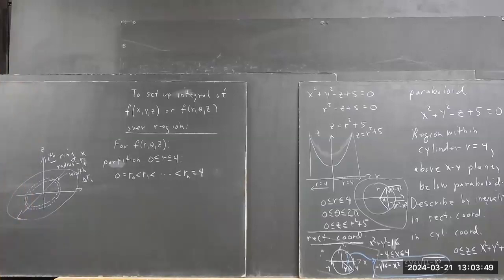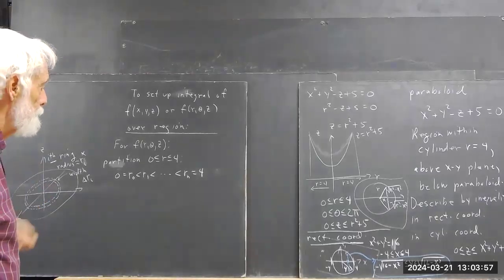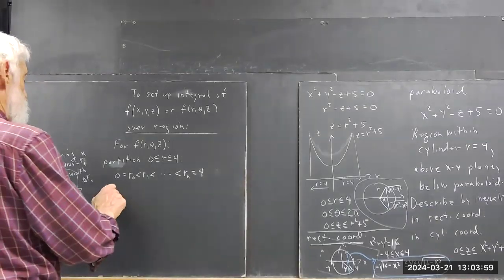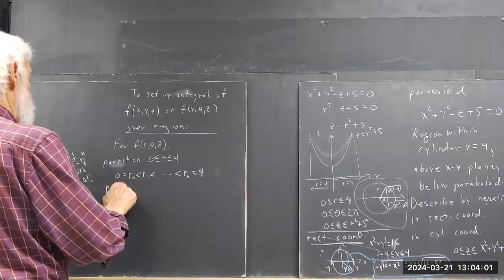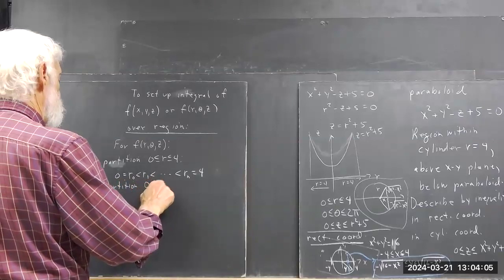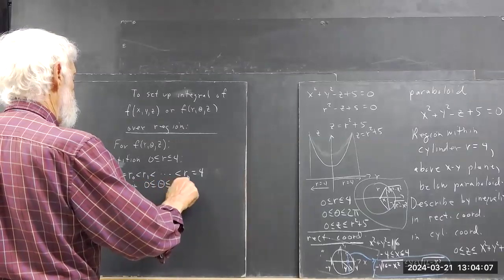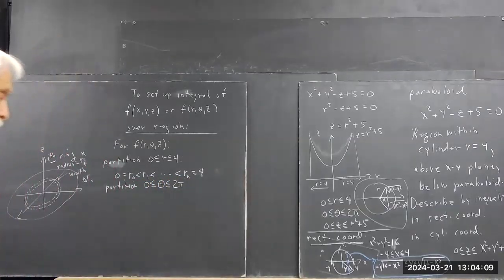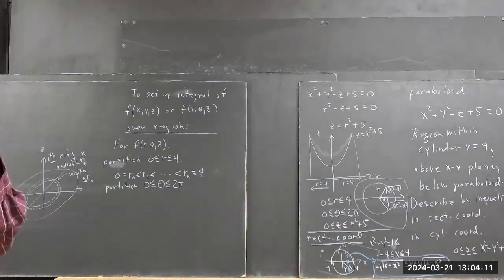That makes sense. Now, we have 0 less than or equal to theta less than or equal to 2 pi.